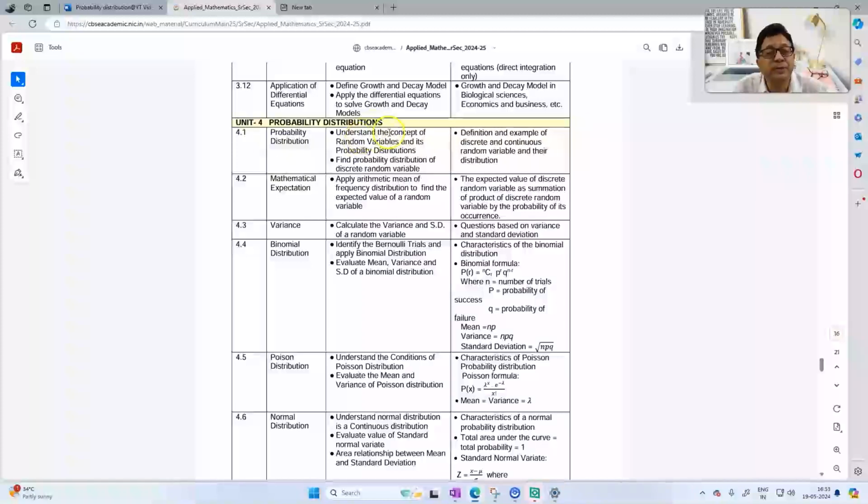Students will be able to understand the concept of random variable and its probability distribution, find the probability distribution of a discrete random variable, and learn the definition and example of discrete and continuous random variables and their distribution.